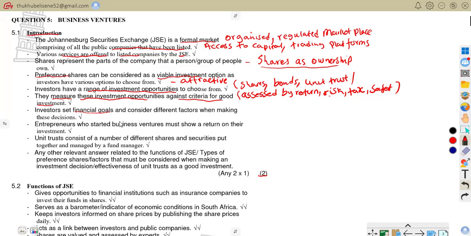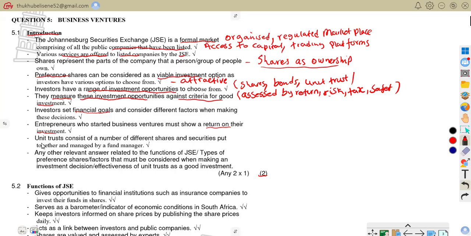Entrepreneurs who start business ventures must show return on their investment. We are talking about profit. That is their reward. They have to look at whether the profit they're going to get is a good profit or not.